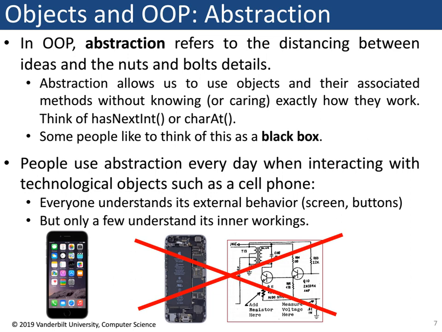And it wouldn't be very popular if you had to understand the inner workings to be able to use it. So the reason that it is so well liked is because the complexity involved with making the phone work is hidden. And what's left available for interaction is an abstracted idea of an iPhone.